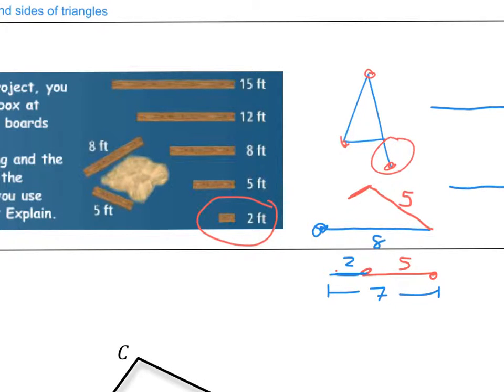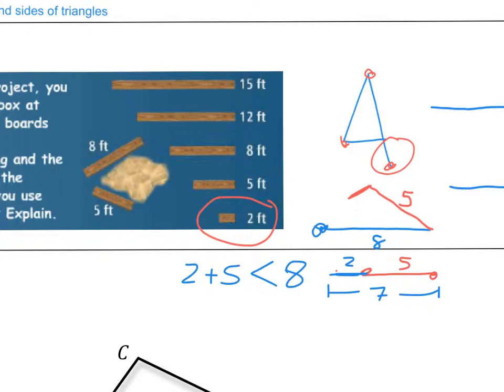No matter how far you stretch 2 and 5, it won't stretch out. So that means 2 and 5, how does it compare to the 8? It's too small. So we're going to find out later in something called the triangle inequality theorem that the sum of two sides has to be greater than the third side.